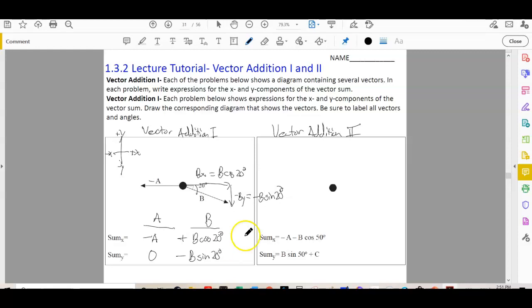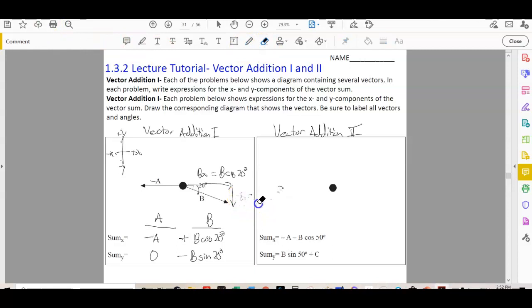All right, so that's how to do Vector Addition 1, and they're all variants of this, but this is the basics, okay? I'm going to grab this thing right here. Rather than move it, I'll just rewrite this horizontally here.